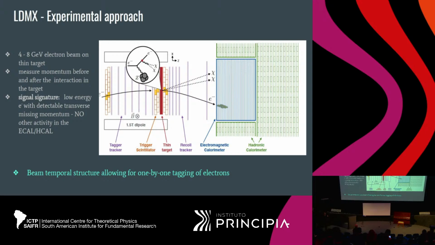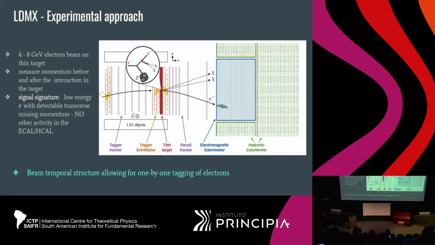The beam energy that you're thinking to use is between 4 and 8 GeV, and the signal signature is the result of what you can expect from dark matter production via radiative processes such as A-strahlung.